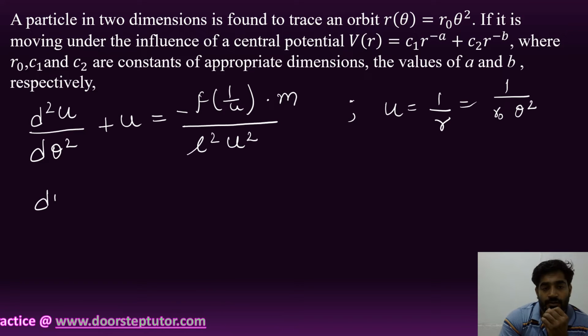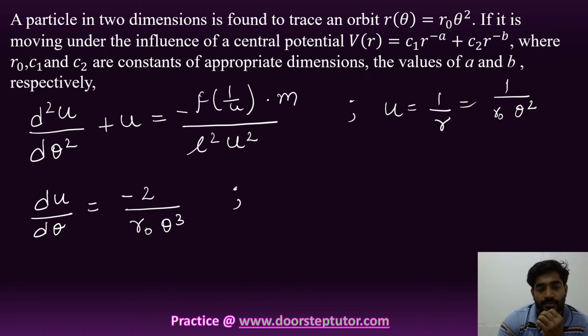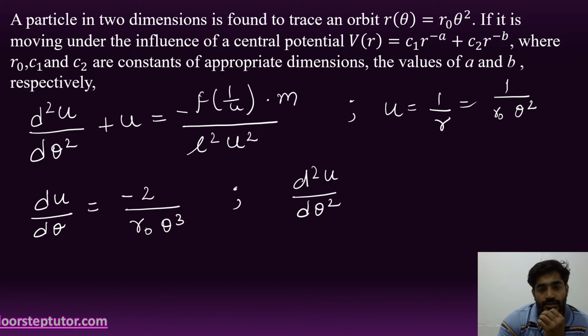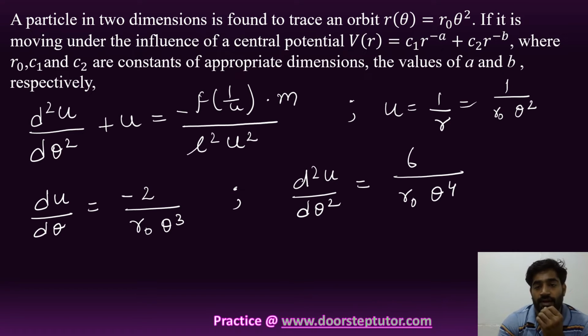If I want to find du upon d theta, it will be minus 2 upon r naught theta cube. Similarly, d2u upon d theta square equals 6 upon r naught theta to the power 4, and u is in terms of theta. Just put the values and get the next step.